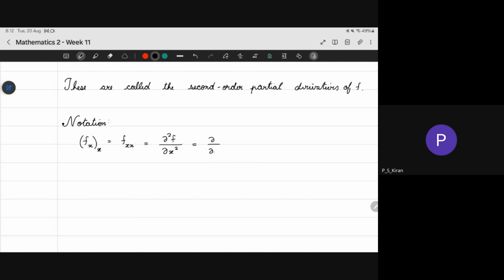Or if you want to write it even more explicitly, it is written like this. All of these mean the same thing.